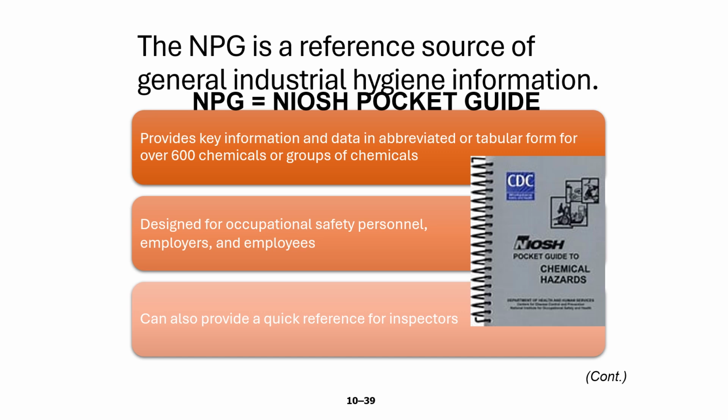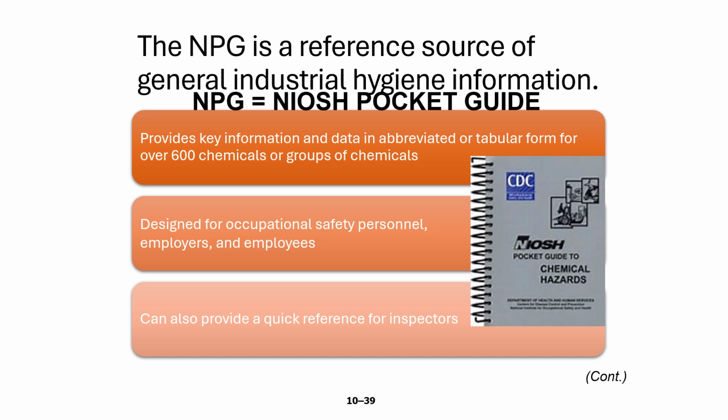The NIOSH Pocket Guide, NPG, includes the following pieces of information for individual chemicals. So looking at names, synonyms, trade names, conversion factors, Chemical Abstracts Service registry numbers.